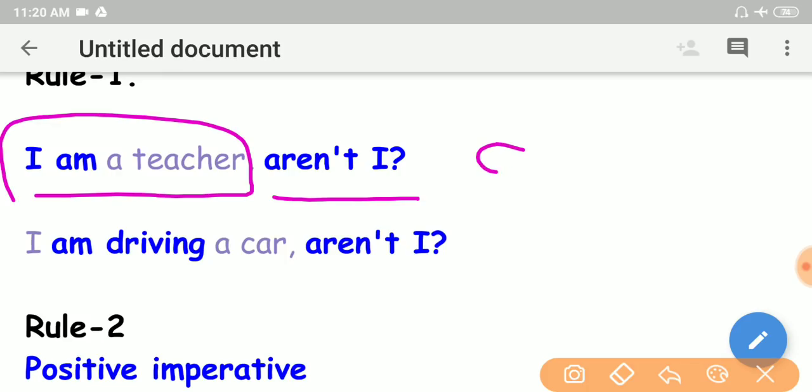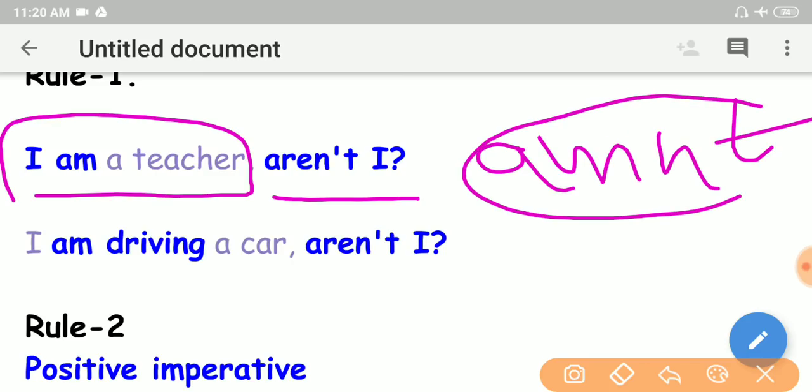We should not use amn't, because I already told you, amn't, the short form of am not, does not exist in English. That means native speakers are not in a position to pronounce this word correctly. That's why instead of am not, aren't is used.